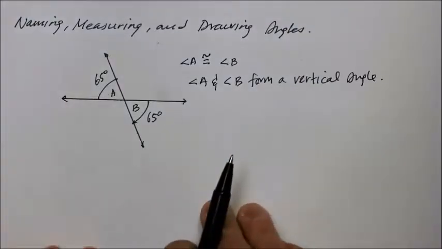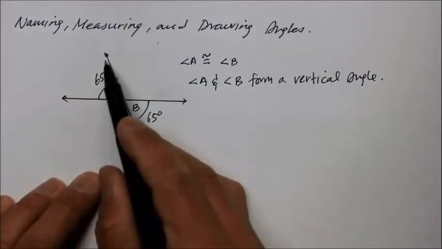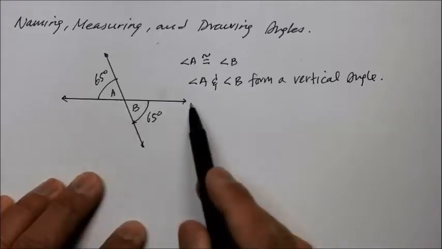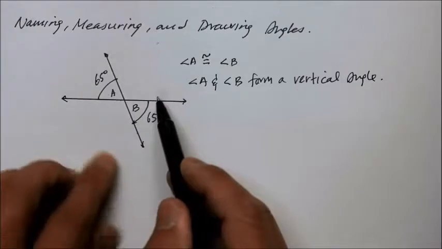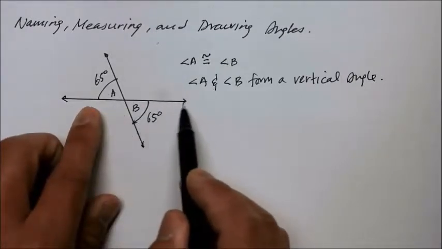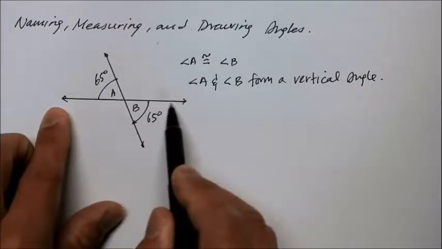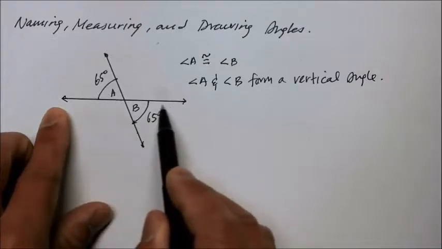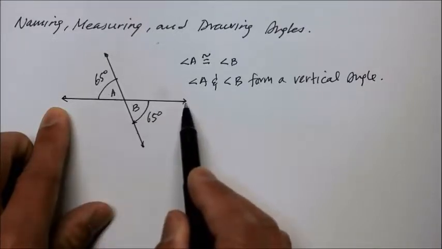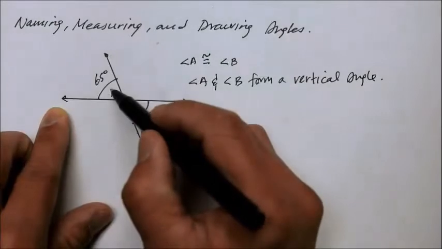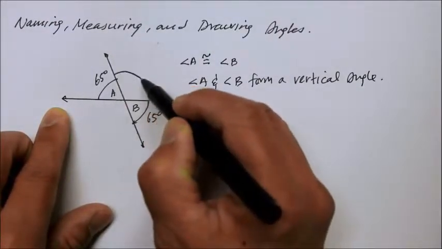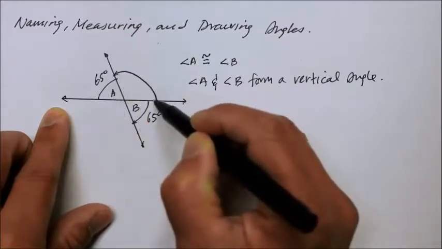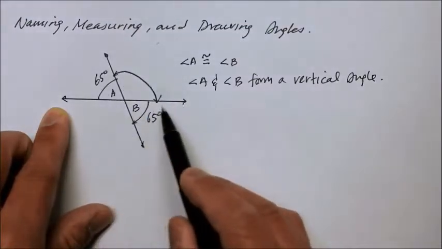Since we're on it, as you can see, when you draw a line that intersects another given line, it will again form a supplementary angle of this straight angle right there. You see that straight line? That's 180 degrees total, isn't it? So that means if this angle A is 65 degrees, then what is this remaining other angle that forms 180 degrees?